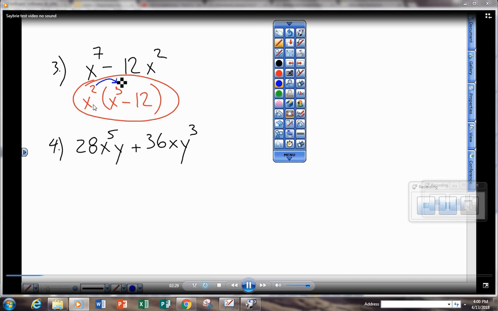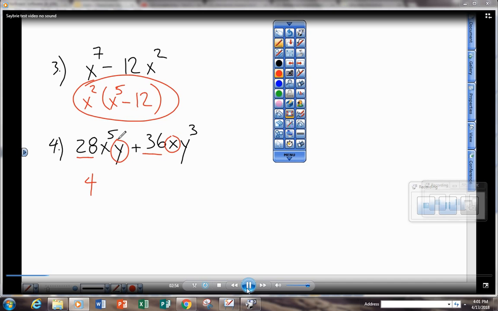So here I'm showing you what happens when you distribute. X squared times x to the 5th, x to the 7th. X squared times negative 12 is negative 12x squared. Greatest common factor. For here, I need the greatest common factor of the numbers, and then the lowest power for each of these x's. For these numbers, the biggest number that goes into both is 4.